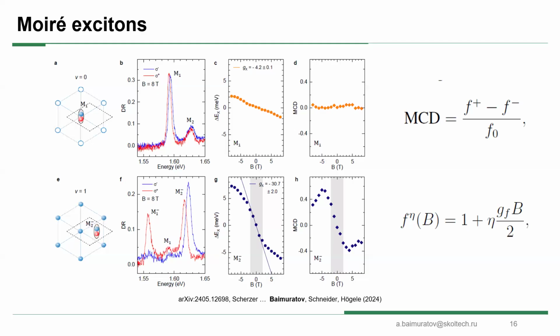And here, because the overlap of these electrons is not so large, you can think of it like you have a spin lattice, and M1 is surrounded by this spin lattice. If here you have spin up, all the electrons will be polarized spin up, and you have two types of excitons.